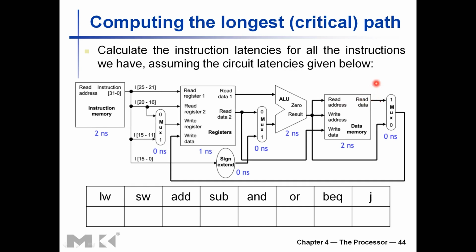So by the time that result is produced here, it's been 2 plus 1 plus 2 plus 2 nanoseconds, that is 7 nanoseconds total. Then we assume the multiplexer will not take time.